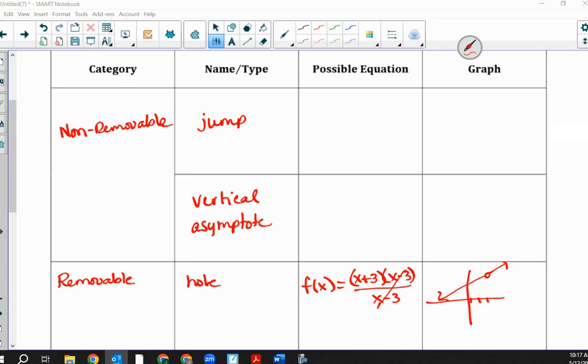All right, so a jump, those come from piecewise equations. Can I squeeze one in here? Let's say like x when x is greater than or equal to 0, x minus 3 when x is less than 0.